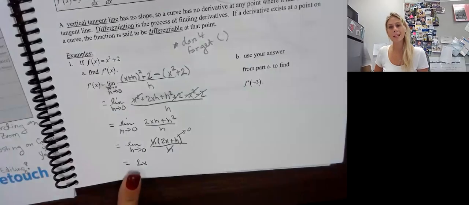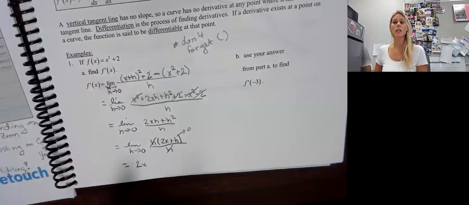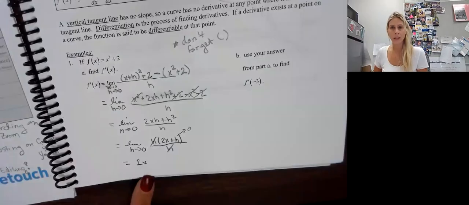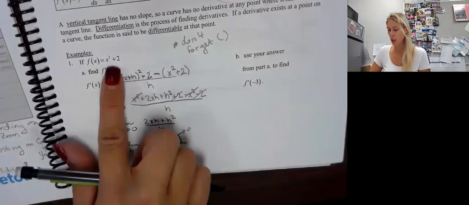Okay, now what does that mean? That helps us find the slope of the tangent line to any point on this curve.